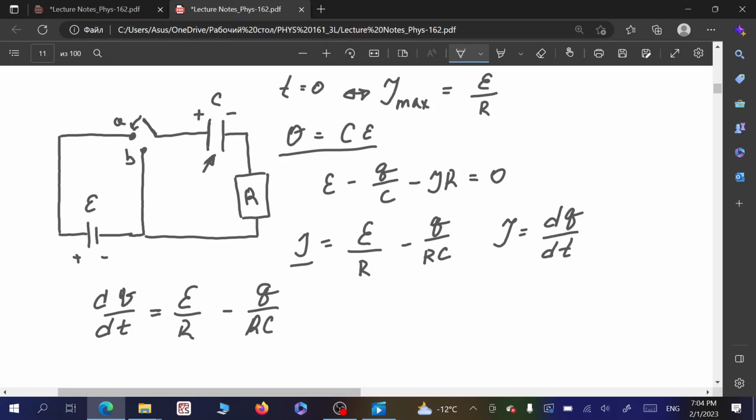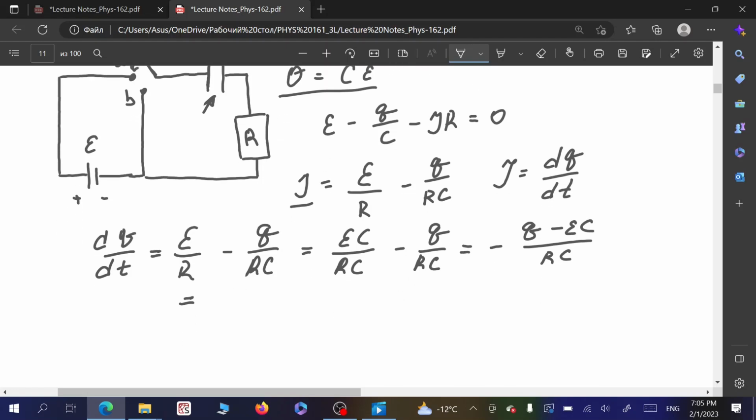What we do next, let us multiply and divide the first term on the right side by C. So it will be epsilon C over RC minus Q over RC. And from here we get the following form. It will be minus (Q minus epsilon C) over RC, since we have the same denominator.